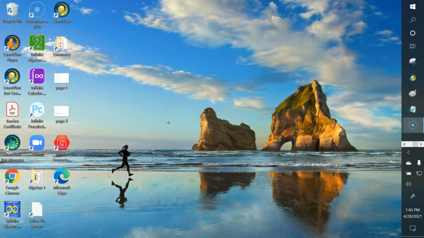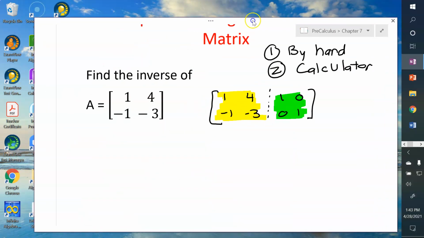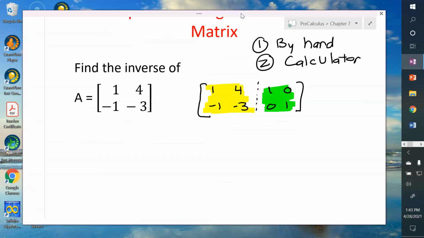And then my row 2 is going to be row 1 plus row 2. That's what's going in here.